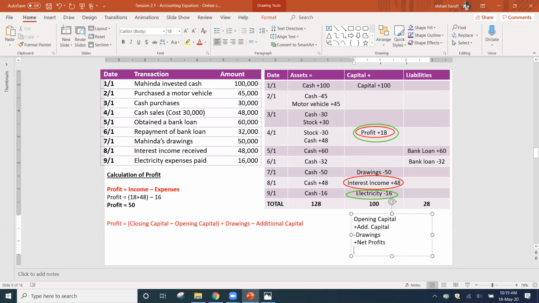If you know the balance sheet equity side, we have capital, opening capital plus additional capital, plus net profit minus drawings. Then we get the closing capital.